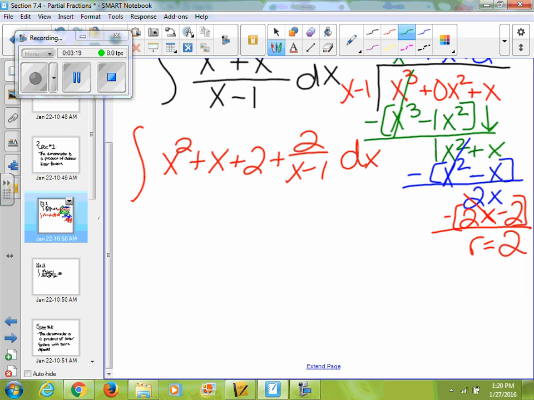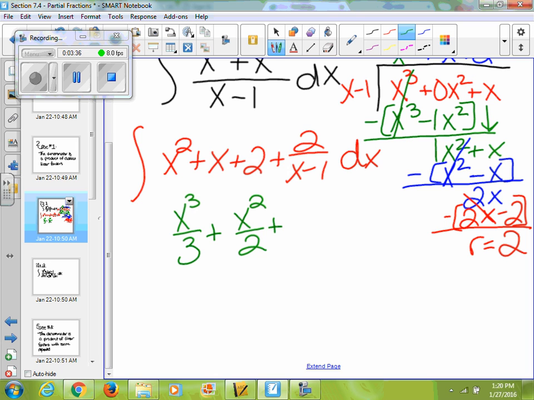So here's where I get to start doing the fun integration. The integral of x squared is x cubed over 3. The integral of x is x squared over 2.